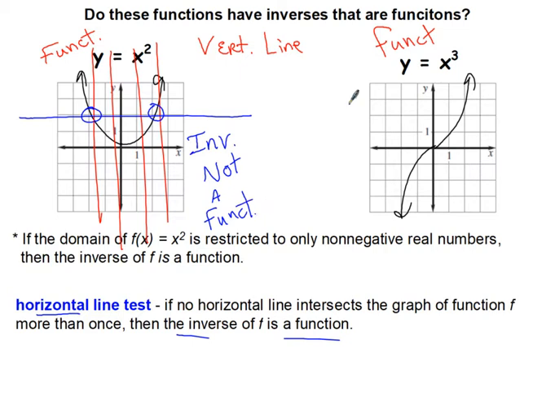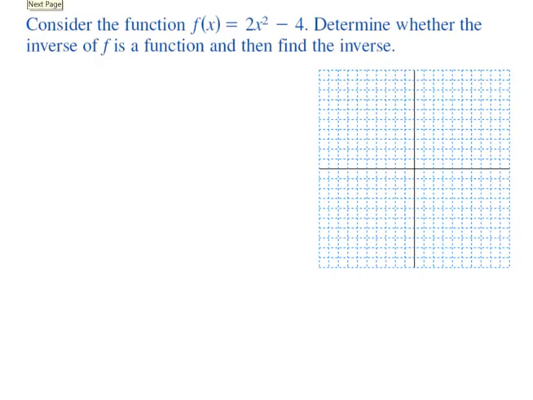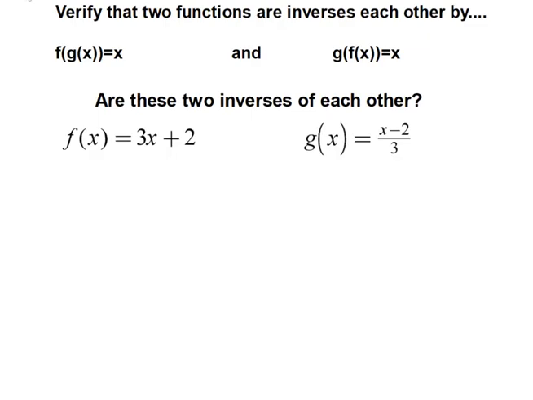Whereas x to the third, I keep on drawing these horizontal lines, it never touches the graph of x to the third twice. So now the inverse would be a function. Okay, so this next one here, I've got another parabola. Again, it's just a parabola multiplied by 2, subtract 4. So you get a little narrower parabola, but all parabolas aren't going to pass the horizontal line test, so therefore it's not going to have an inverse as a function.